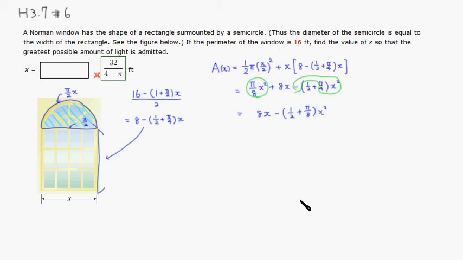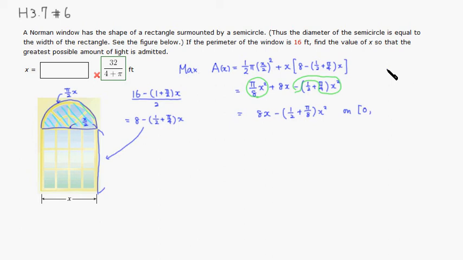So this is the area function, and we want to maximize this area. So what would x be? We have parameters, so x starts from 0. Then how big can x be? x cannot be too big.